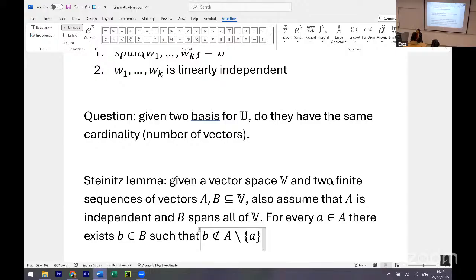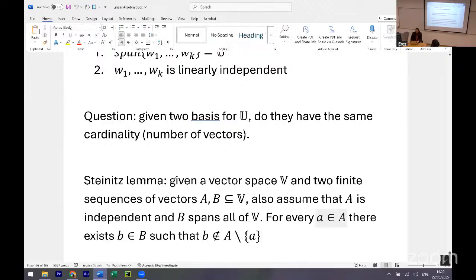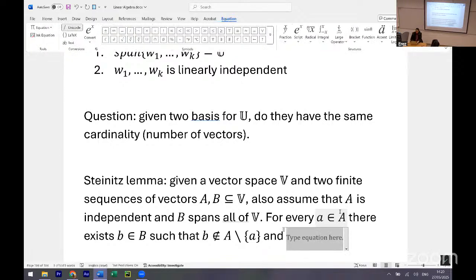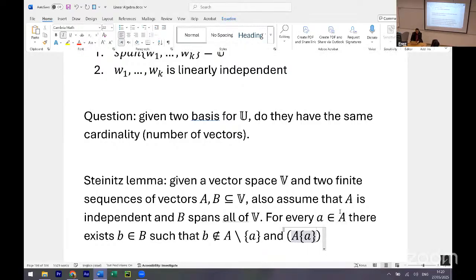In simple words, if we remove the vector A from A, B will not appear there. And if we remove A from A, and on top of that we add B, the new set is independent.